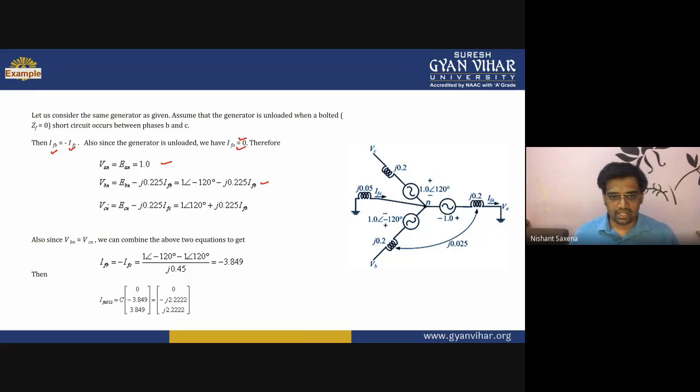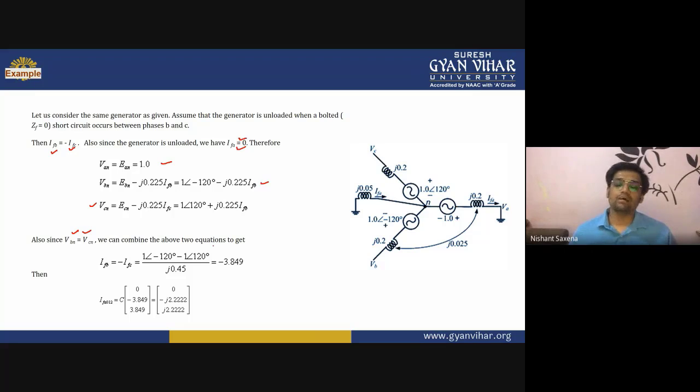Okay. Similarly, we can write it for VCN, that VCN is equal to ECN minus the mutual inductance between phase B, phase C and phase A, which is equal to 1 angle 120 degrees plus j 0.225 into IFB. Now we know that VBN is equal to VCN.